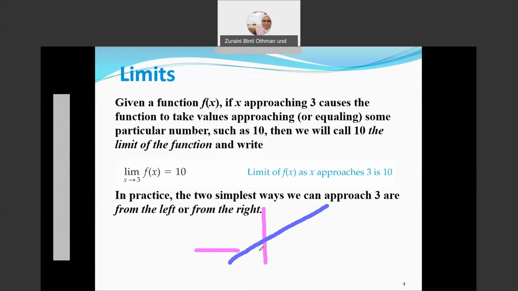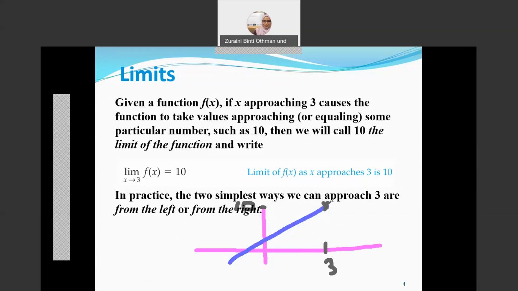Contohnya macam ni, this is the point 3. So at 3, the value of f(x) is 10. Now this is 10. Dekat titik sini, value dia ialah 10. So what the limit is?